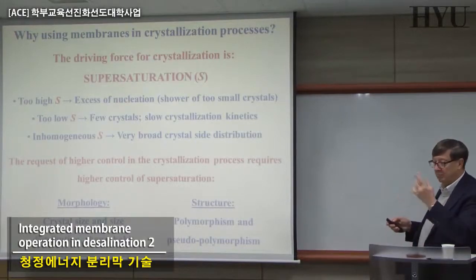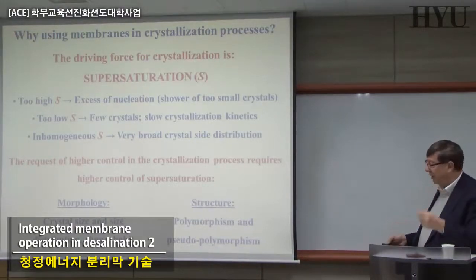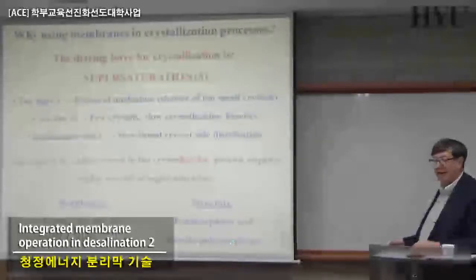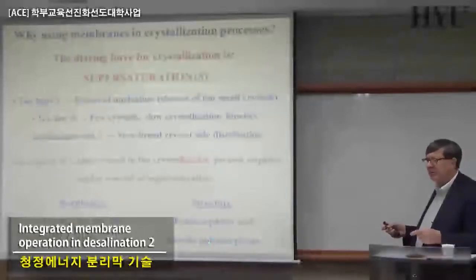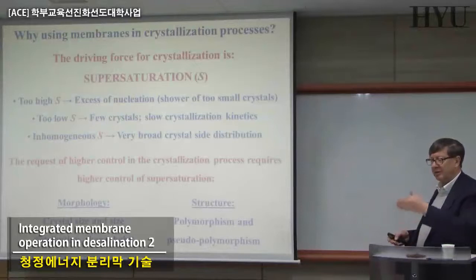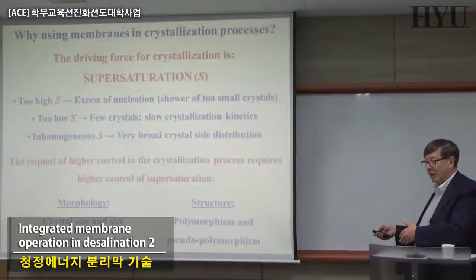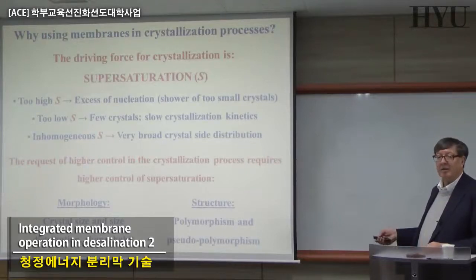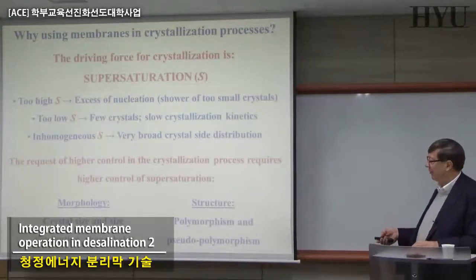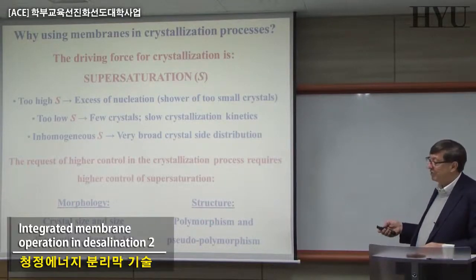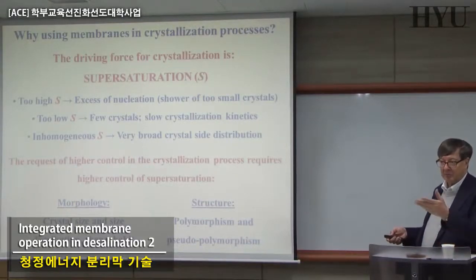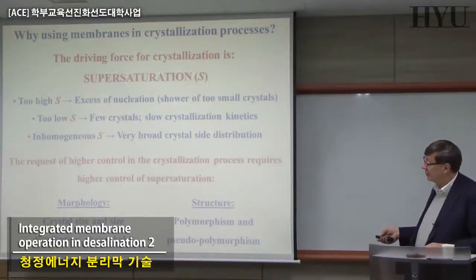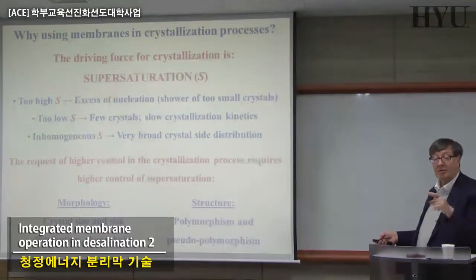Polymorph means same chemistry, same compounds, but totally different final habit, which sometimes means some product can be a drug in one habit, or a killer, a poisonous material, if you have another habit. So having control of polymorph is quite important. With the membrane system, apparently, as you heard already, we mentioned in the introduction, we are producing not just magnesium sulfate.